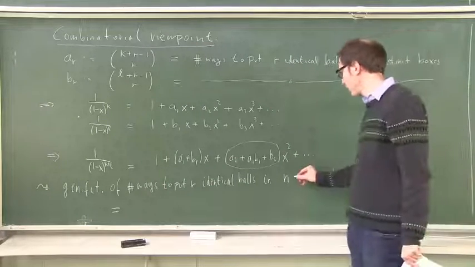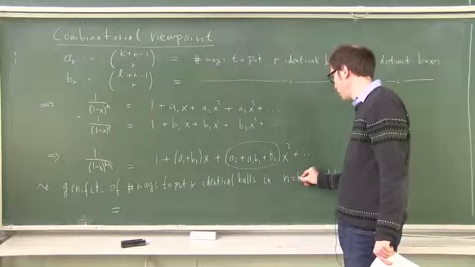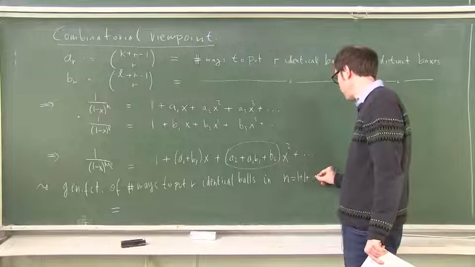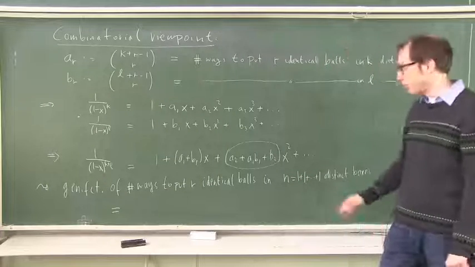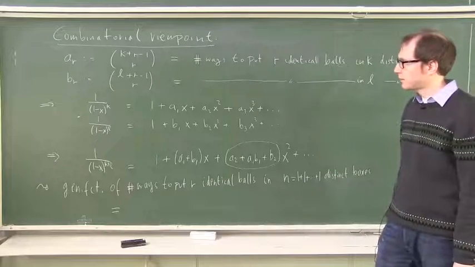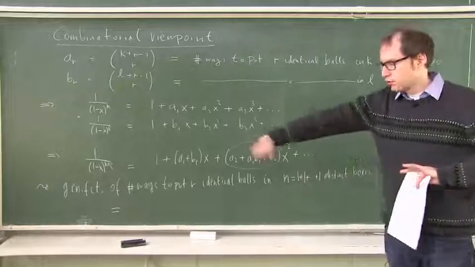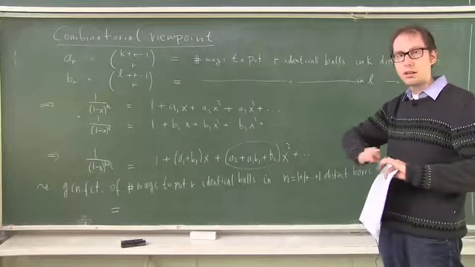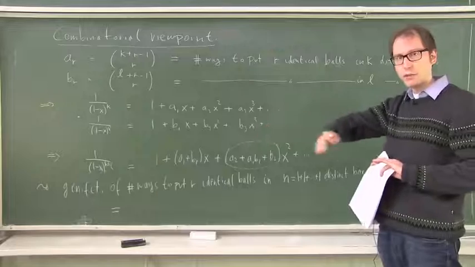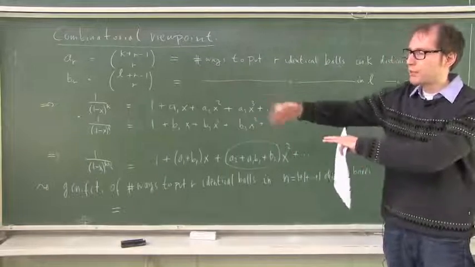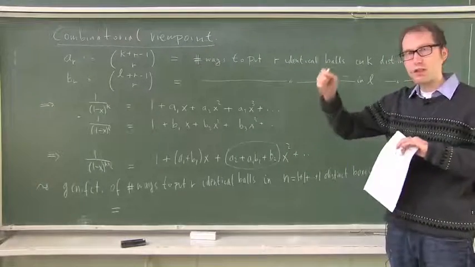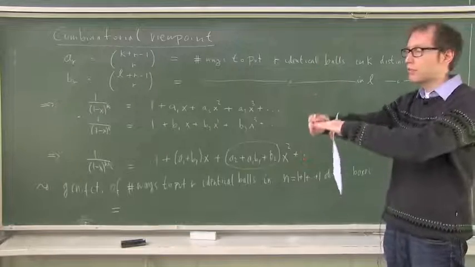Why? Because you can think of n as being 1 plus 1 plus so often until plus 1. Which means now, previously we had these k plus l many boxes. And now we separate it into k many boxes and l many boxes. And then we can just take the generating function for this problem times the generating function of the other problem.